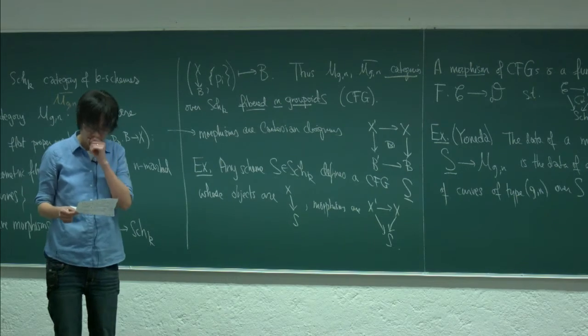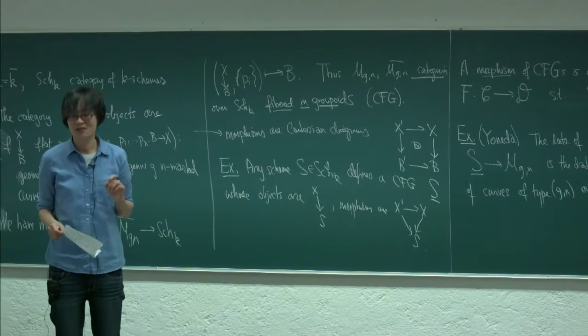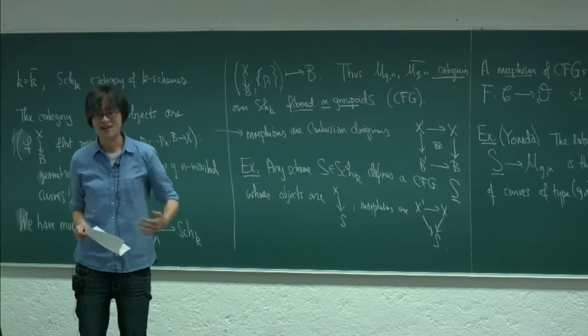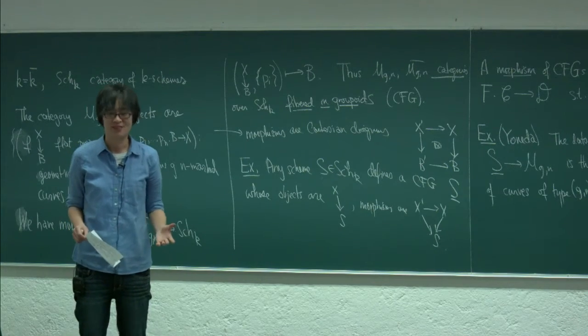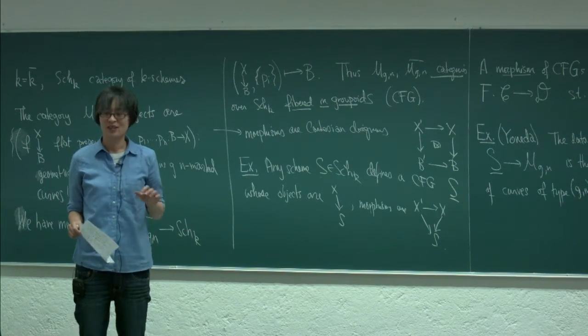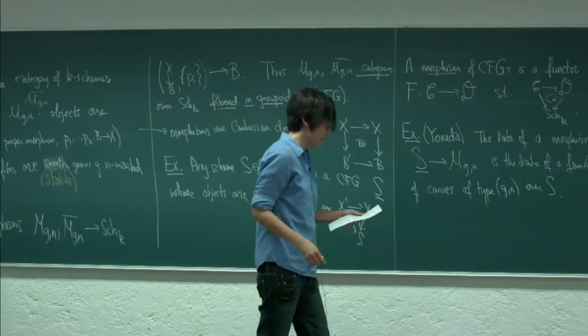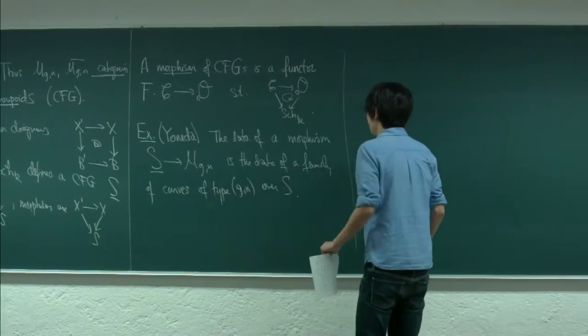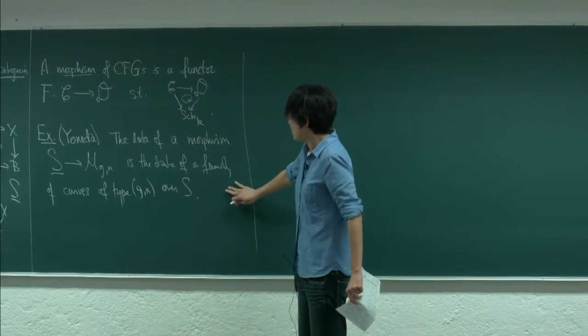So now, I'd like to fast forward through a lot of theory, because I can't build my way all the way up to the definition of a Deligne-Mumford stack. So let me just tell you the basic properties that I need. The philosophy, by the way, is as follows.